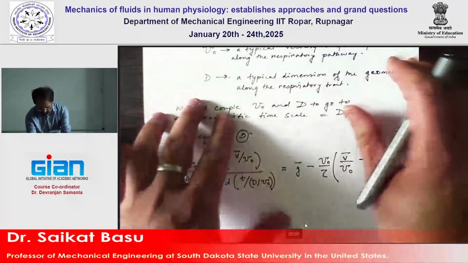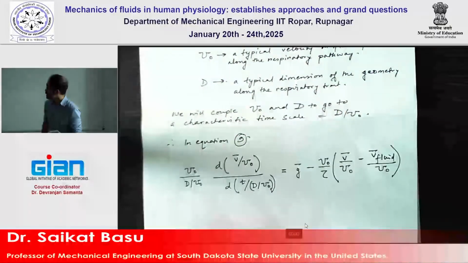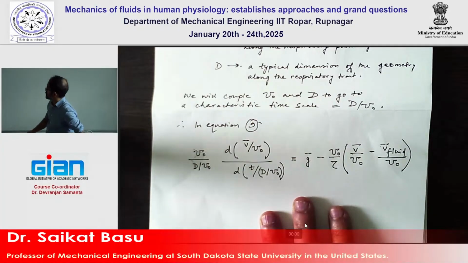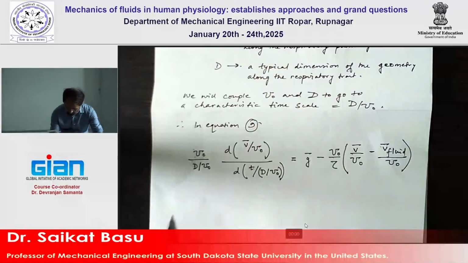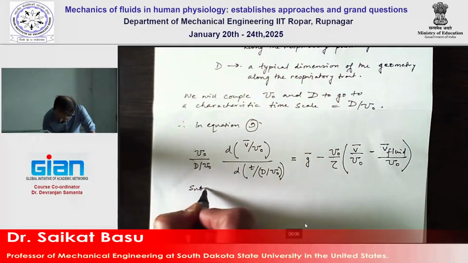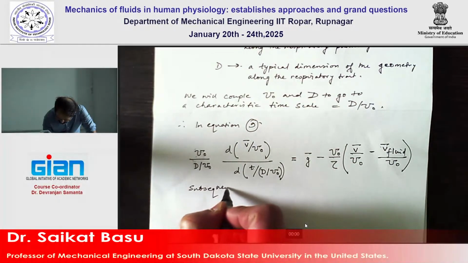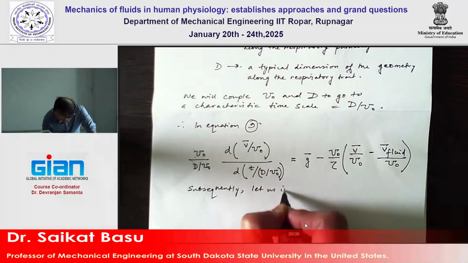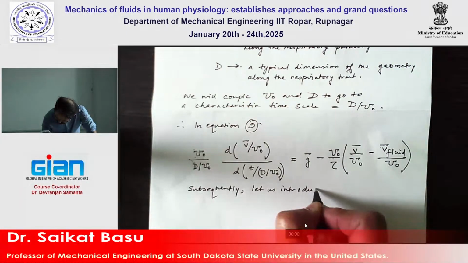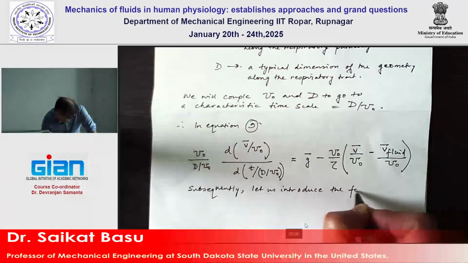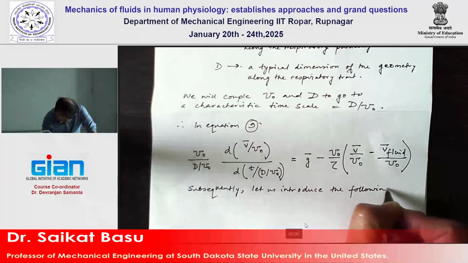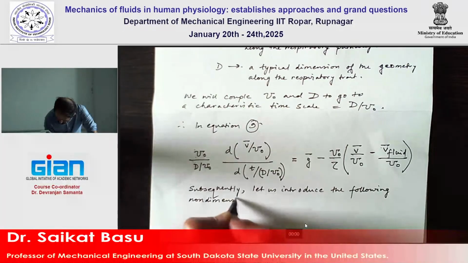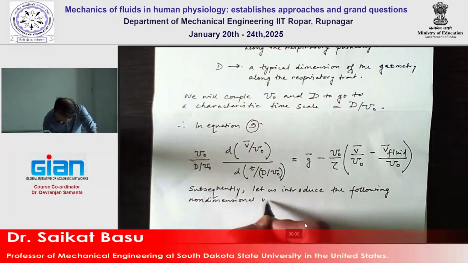So from here, let us now introduce some new terms instead of using this particular formalism for the velocities and the times. So subsequently, let us introduce the following non-dimensional variables.